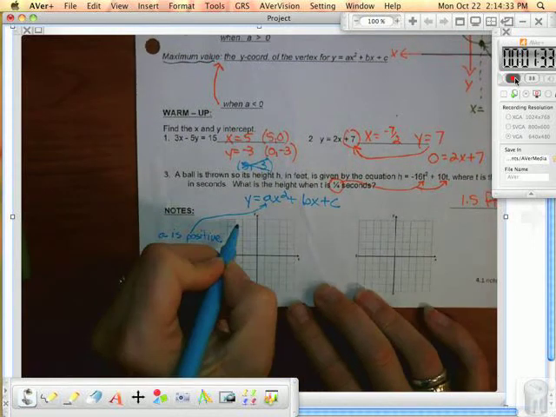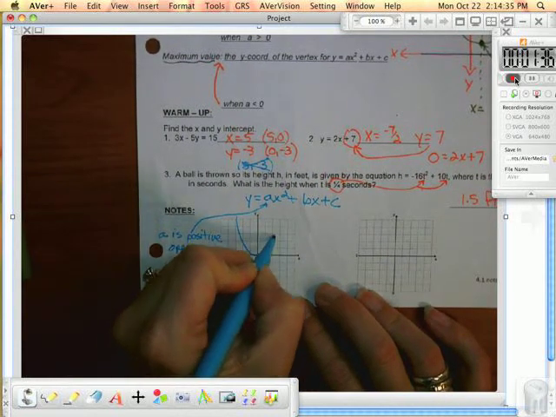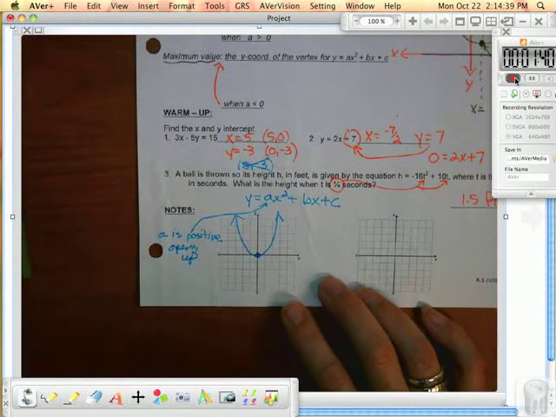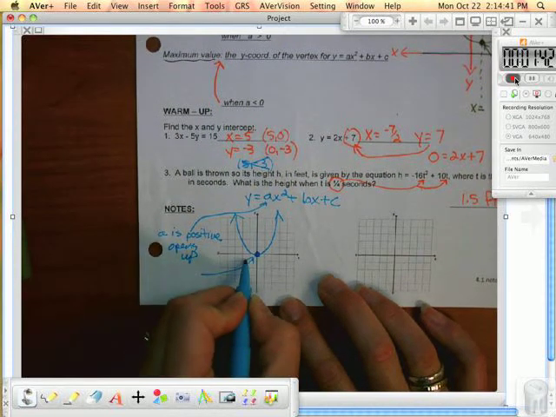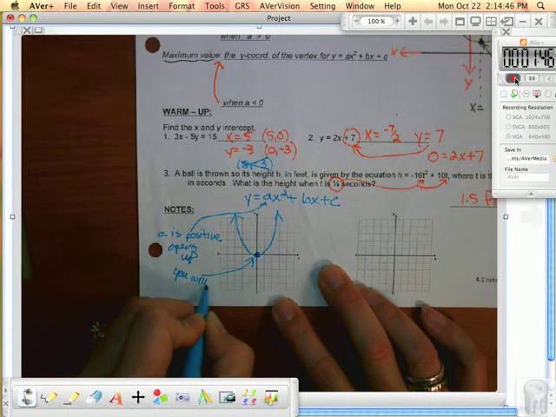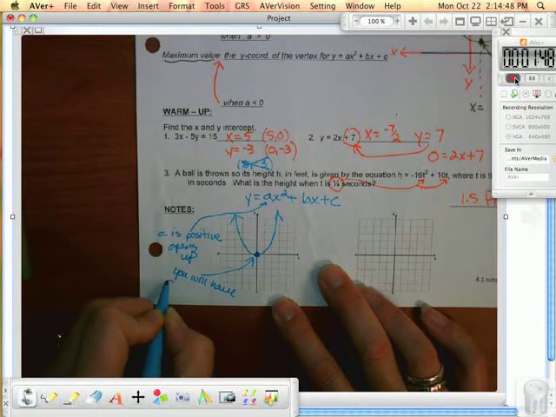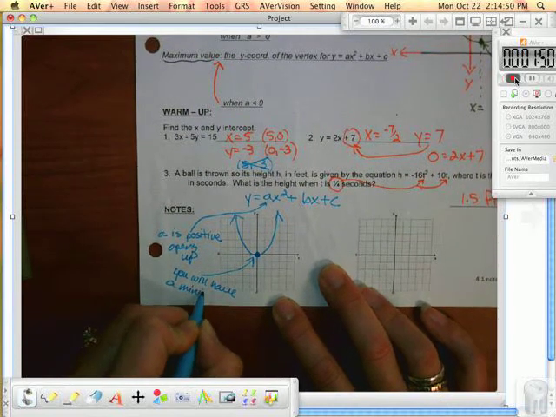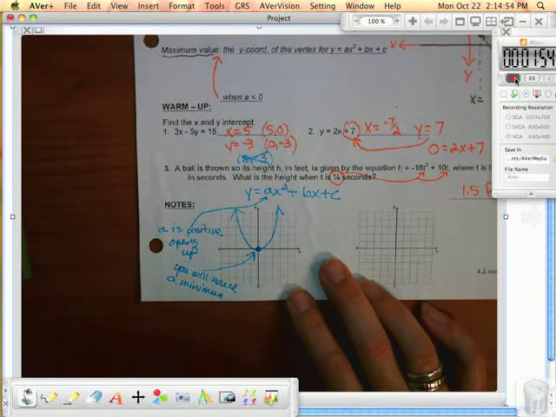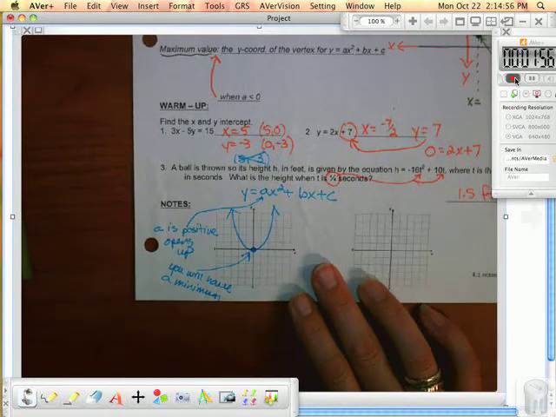So I'm just going to draw our parent function here. I'm going to kind of sketch it. If the a is positive, you will have a minimum. Okay?